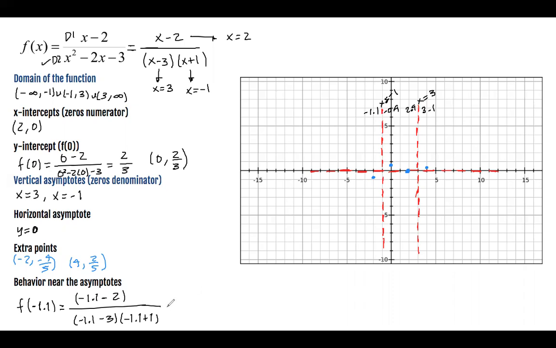Let's now only focus on the signs. This is negative, and then I'm subtracting 2, so it ends up negative. Down here, I also have a negative number, and this one will also be negative.